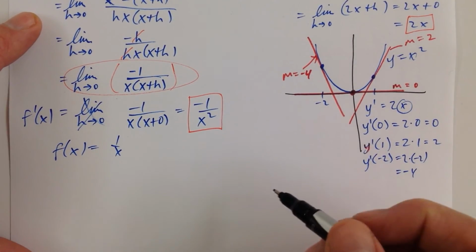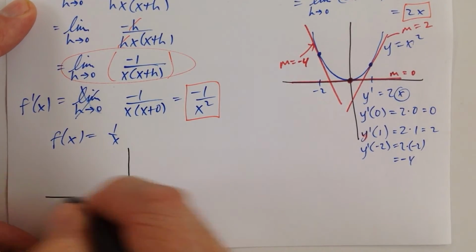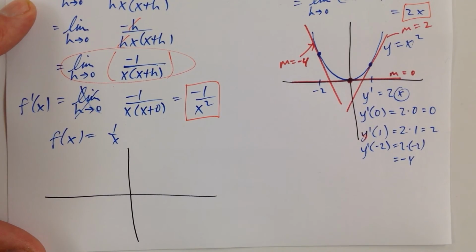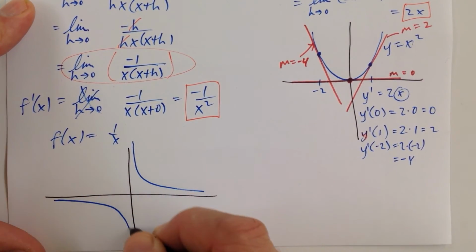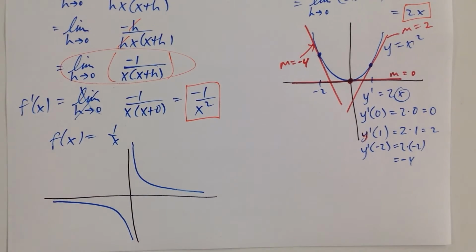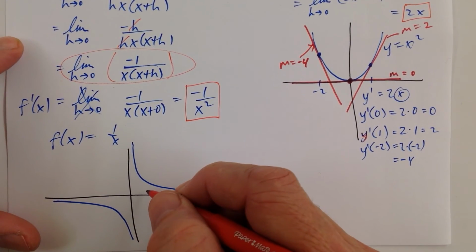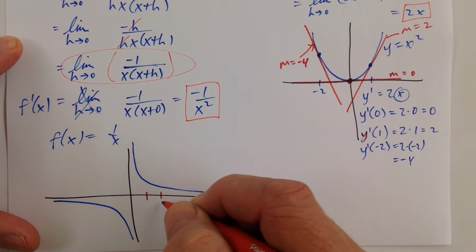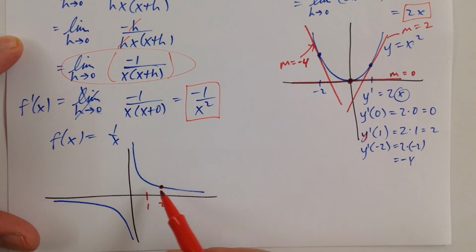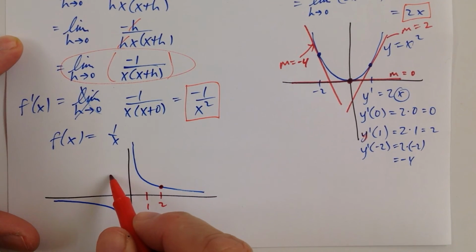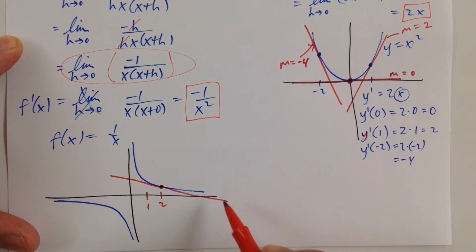And if we really wanted to, we're only at the 5-minute mark, so I don't mind doing this. We know what 1 over x looks like, don't we? We know it looks like this. And if we were to be asked, what's the derivative, let's say right here, when x is equal to 2? You should realize here that the derivative, being the slope of the tangent line, is indeed negative.